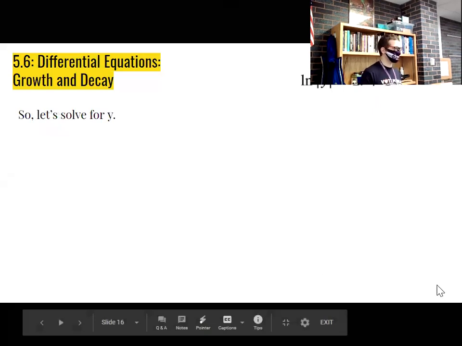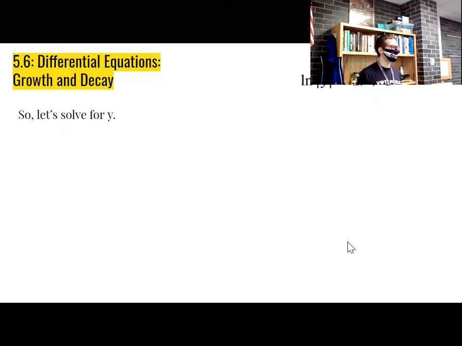So let's solve this one for y. Well, the inverse to undo natural log, we're going to exponentiate. Everything is going to become an exponent to the base e. Again, I'm picking e because it undoes natural log. So to simplify, I get absolute value of y equals e to the 2t plus c.